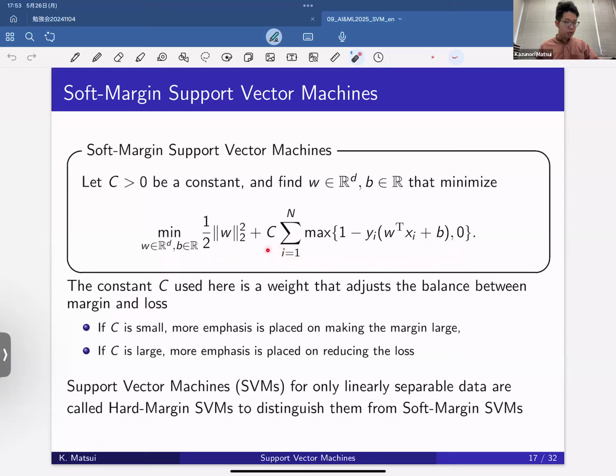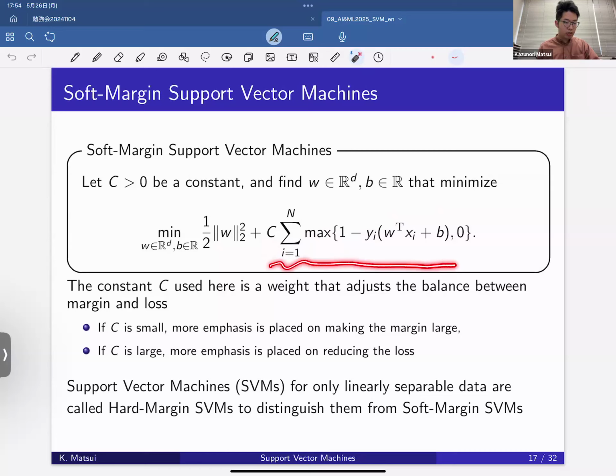If C is small, W becomes small, which means emphasis is placed on making the margin large. On the other hand, if C becomes large, the influence of this loss becomes large.